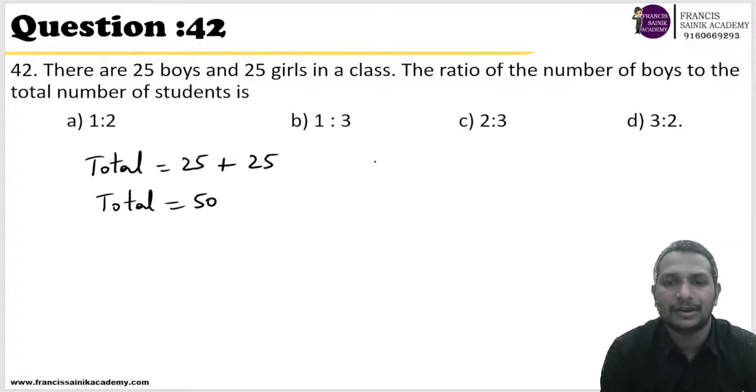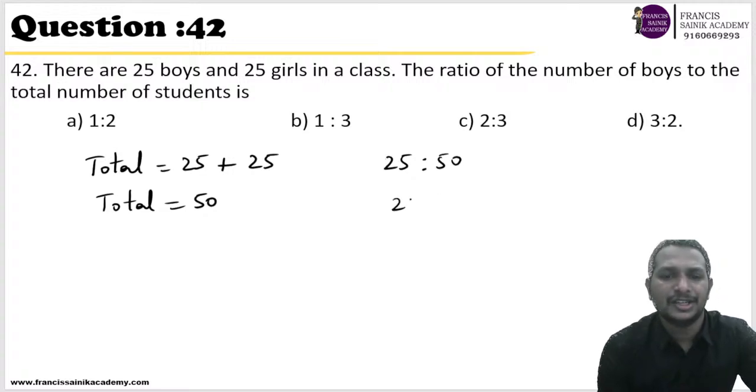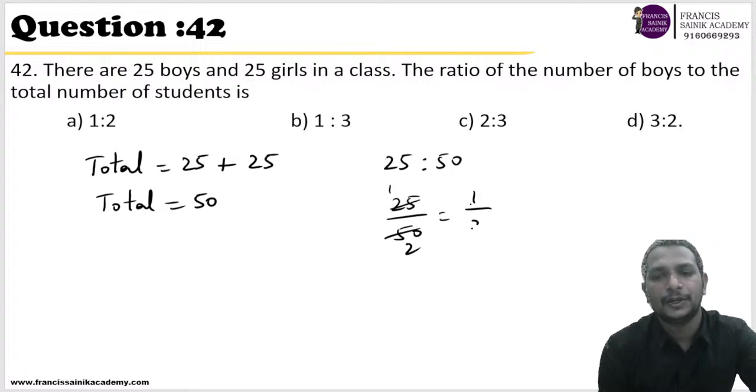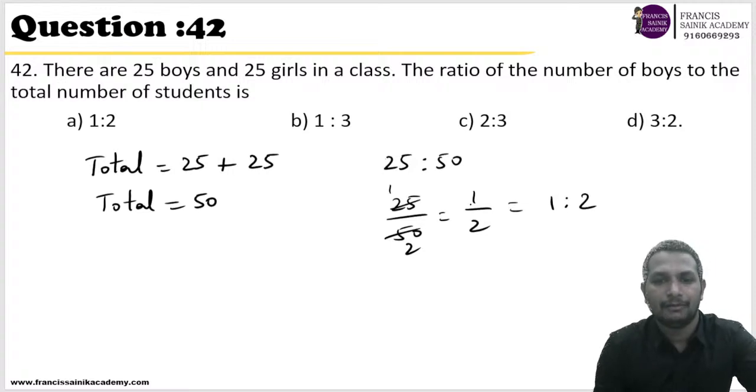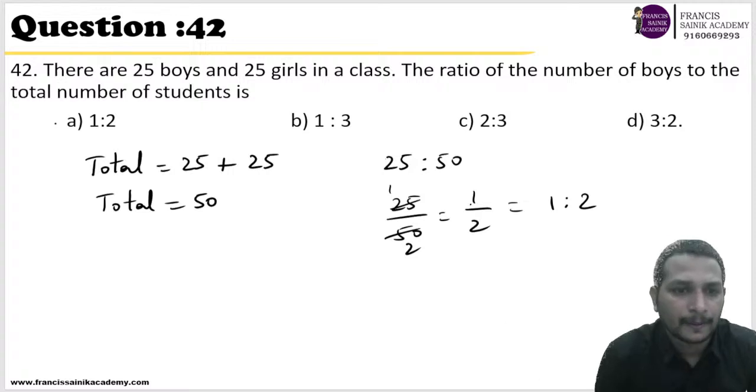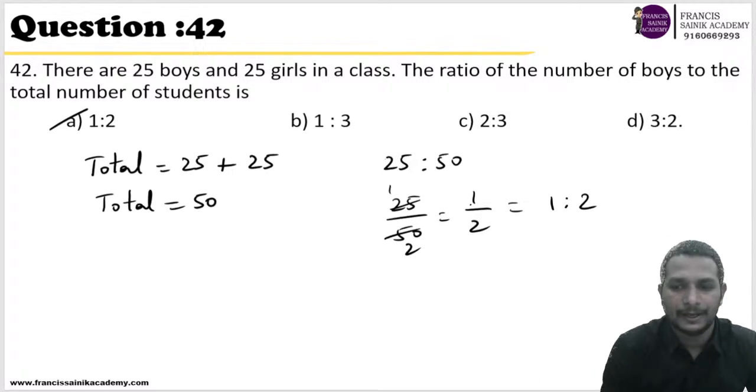Number of boys are 25. As a ratio is nothing but a fraction, 25/50. In the form of a ratio, I can write it as 1:2. Okay. This is option A. Next.